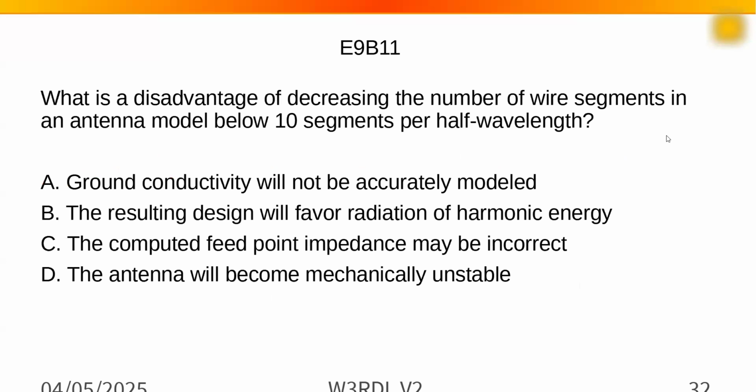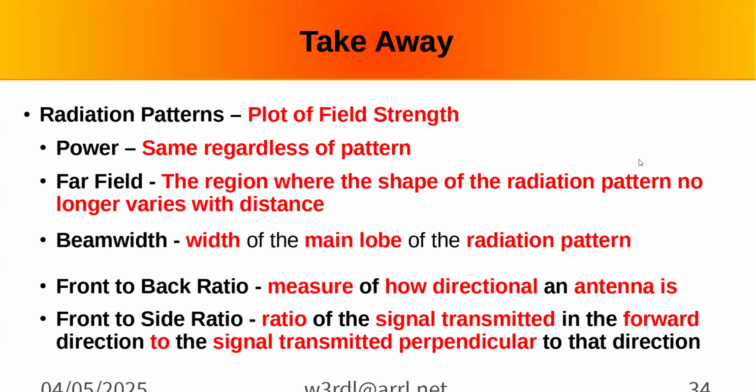What is the disadvantage of decreasing the number of wire segments in an antenna model below 10 segments per half wavelength? Very good. Okay, so radiation patterns are just plots of the field strength out in the far field.